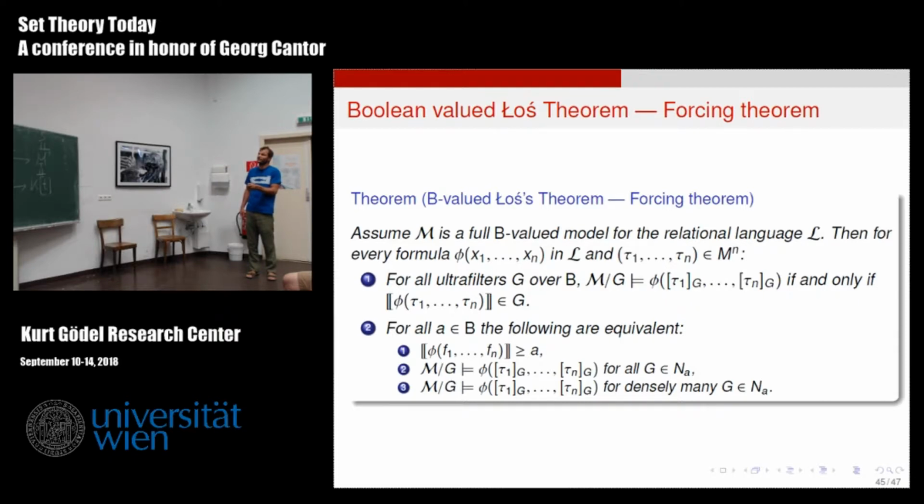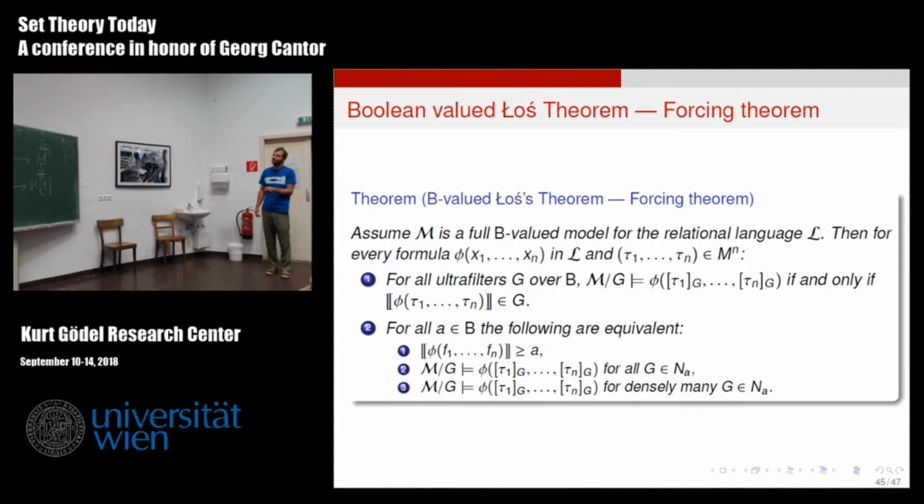And how do you prove it? By induction. For atomic formulas, it is by definition. For the Boolean connectives, you use the fact that the laws of Boolean algebra grant it. And for the existential formula, in one direction it's easy, and for the other direction you use the maximum property. But then, turning it around, it's the forcing theorem. It says A is below the Boolean value of a formula if and only if, whenever you pick an ultrafilter in the open neighborhood given by A, the quotient structure satisfies the formula.